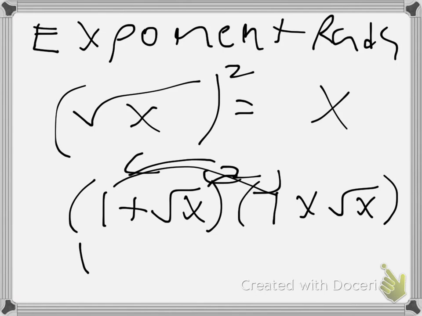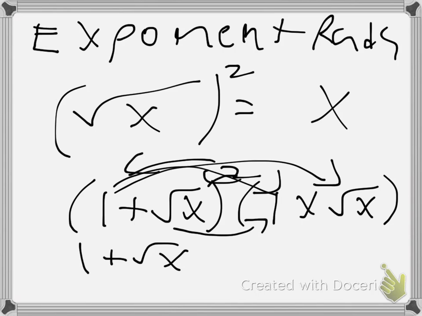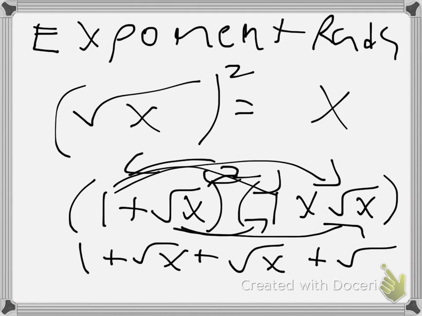So I get 1 times 1 is 1. 1 times square root of x is square root of x. And square root of x times 1 is square root of x, and square root of x times square root of x is square root of x squared.